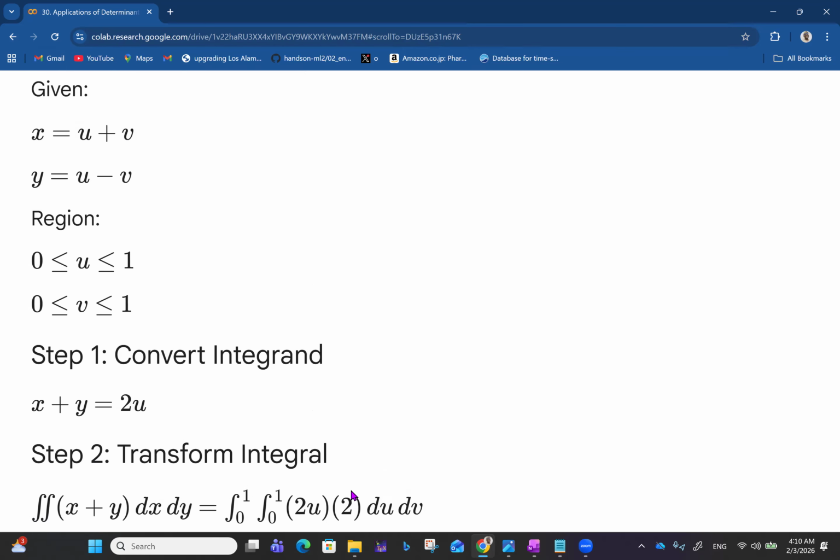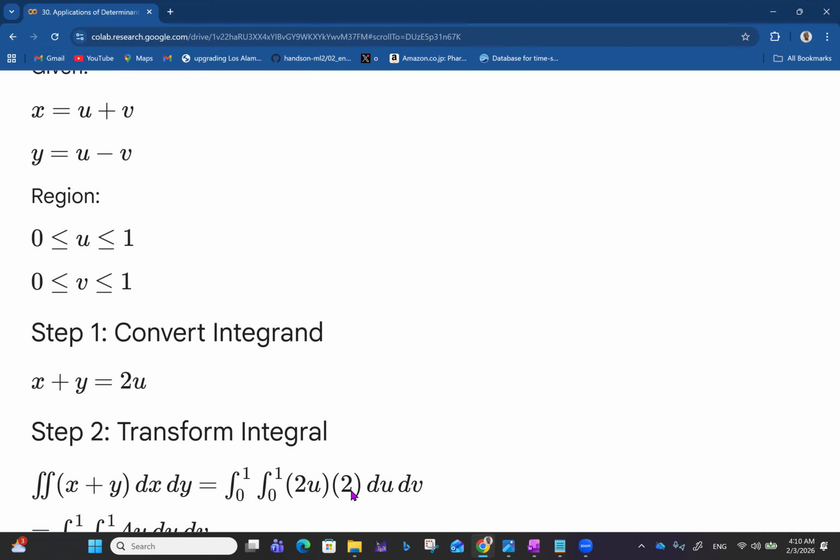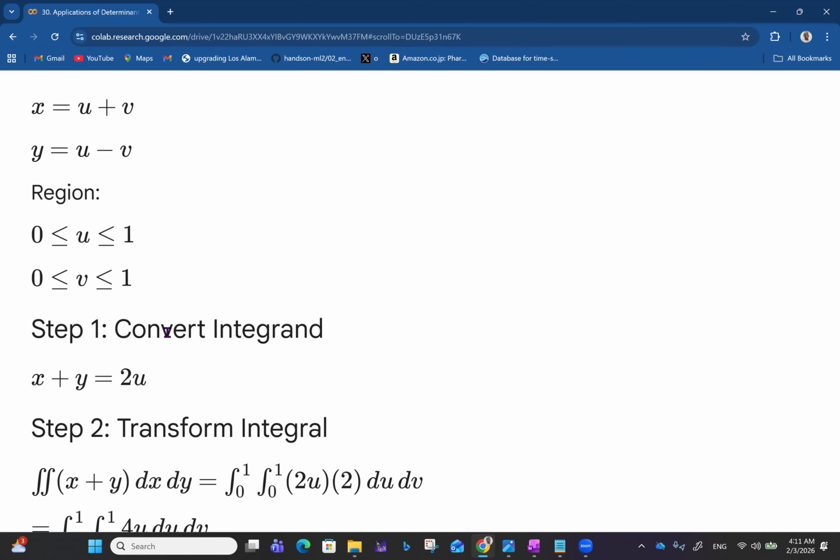Then dx dy you want to convert to du dv, using the Jacobian.